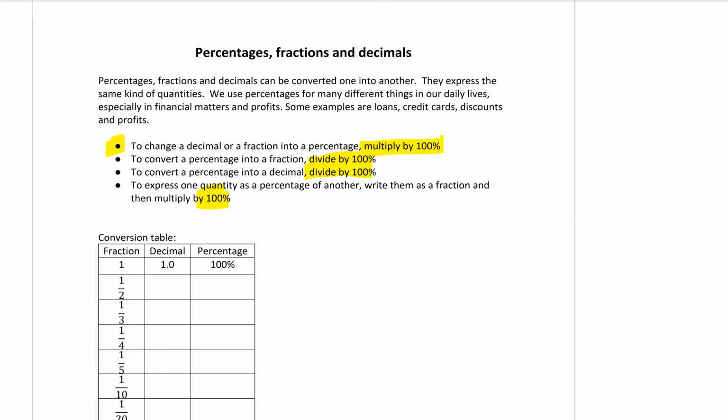So, to help explain all of those four dot points, I want you to draw a little diagram for me. In the little space underneath, we're going to have fractions and decimals over here. And on the other side, we're going to have percentages. Now, if I have a fraction or a decimal, I'll put an 'or' in between there.